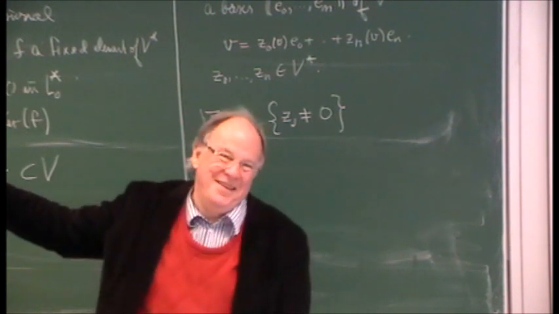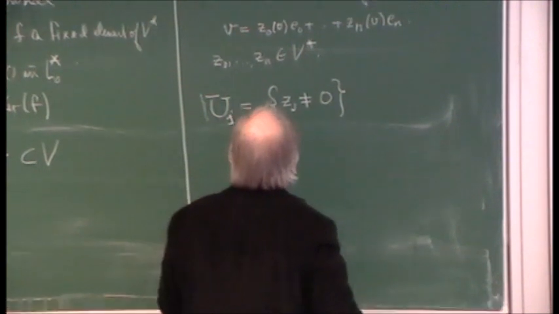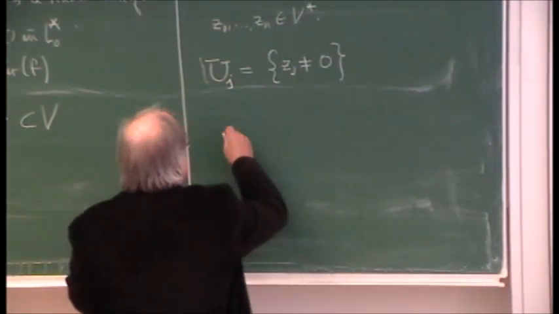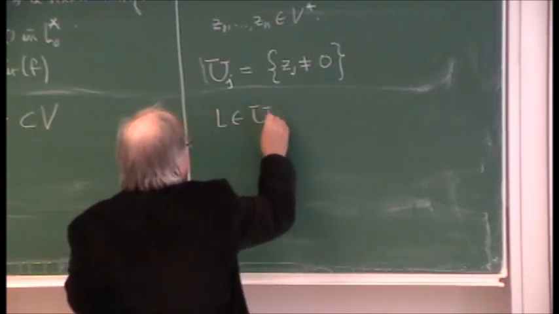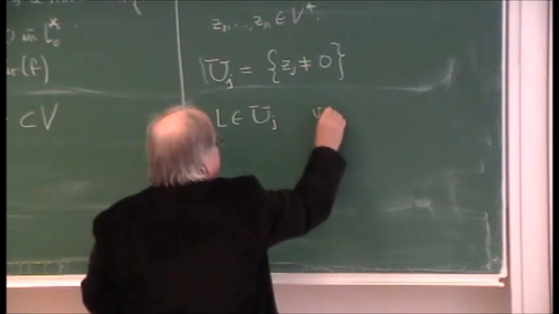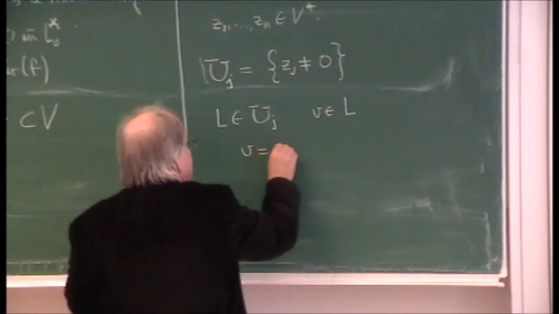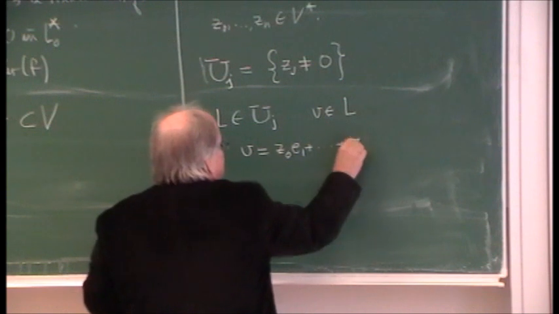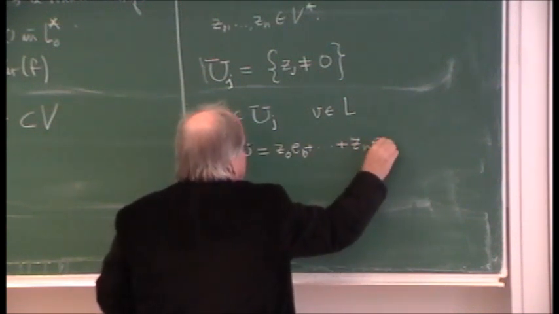So I take L here in Uj, and I take V in L, and I write it down, z0 e0 through zn en.